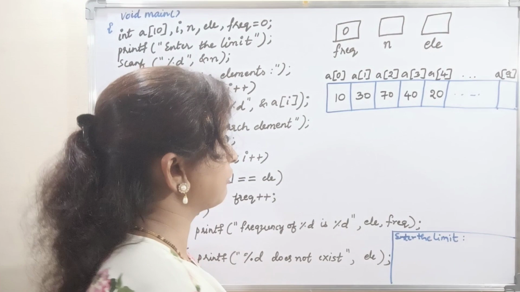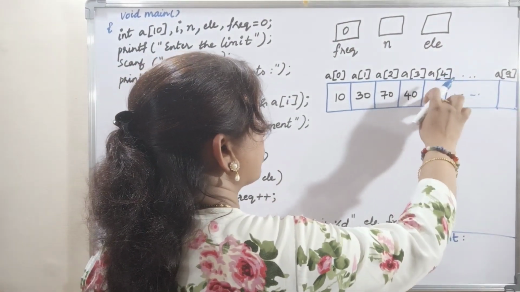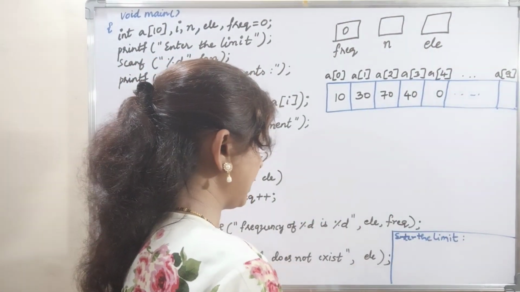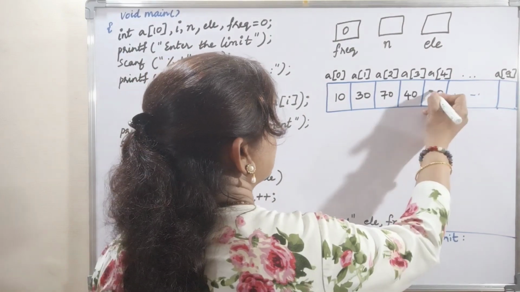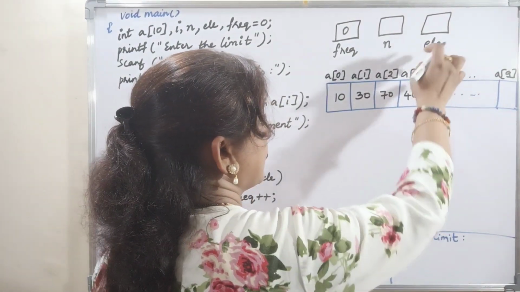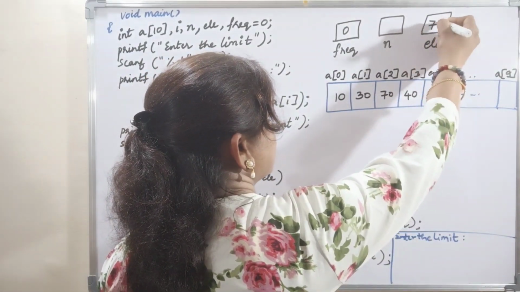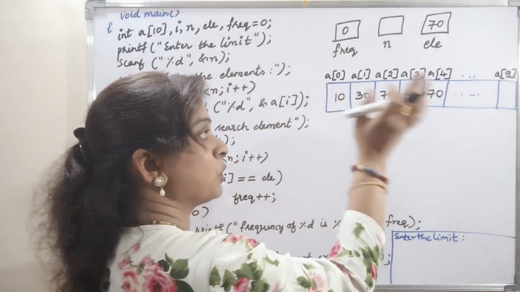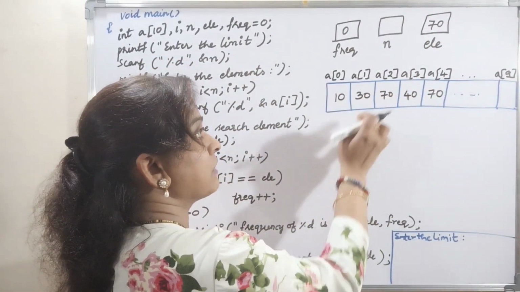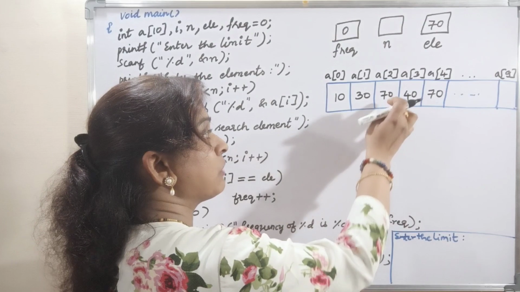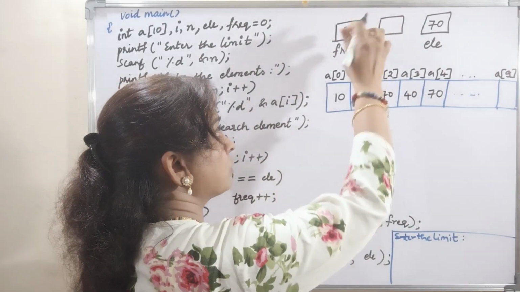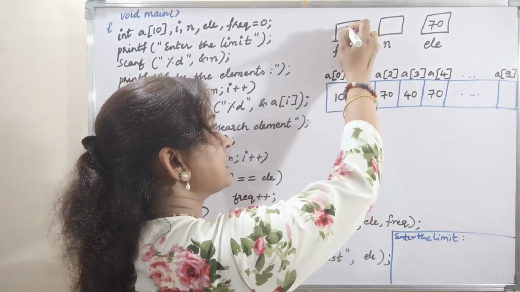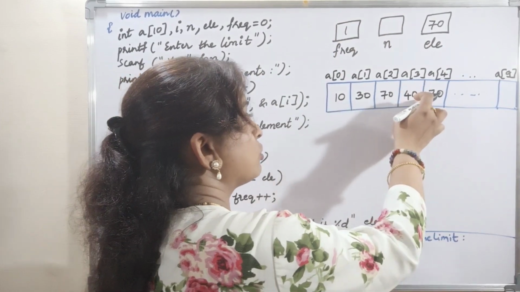For example, if I have 70 here also, and the element I have given is 70. I'll compare with 10. No, frequency will not be increased. Is 70 equal to 30? No. Is 70 equal to 70? Yes. The frequency count is initially 0, and it gets increased. Then, is 70 equal to 40?